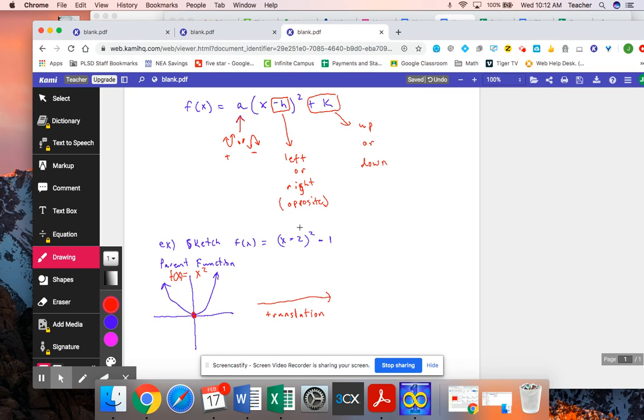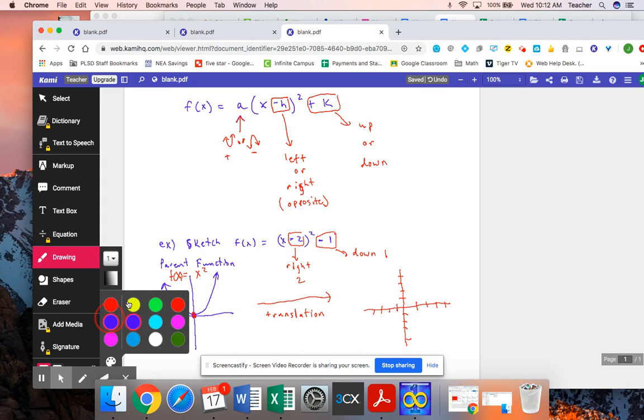So starting here, this right here tells me I need to go to the right 2, and this right here is telling me I need to go down 1. So from the vertex, I should move that vertex to the right 2 and then down 1. So if I were to sketch that, I start here.